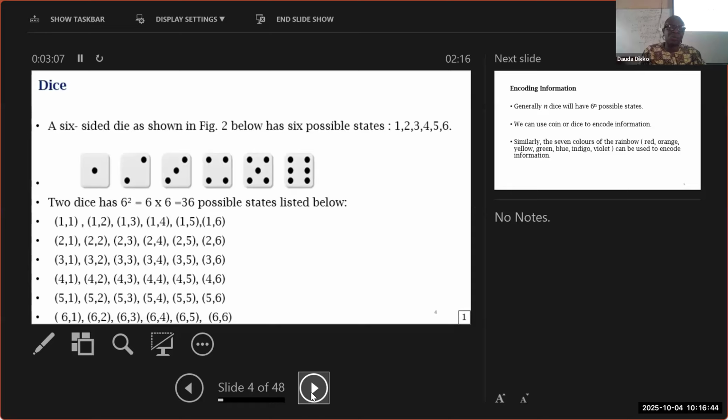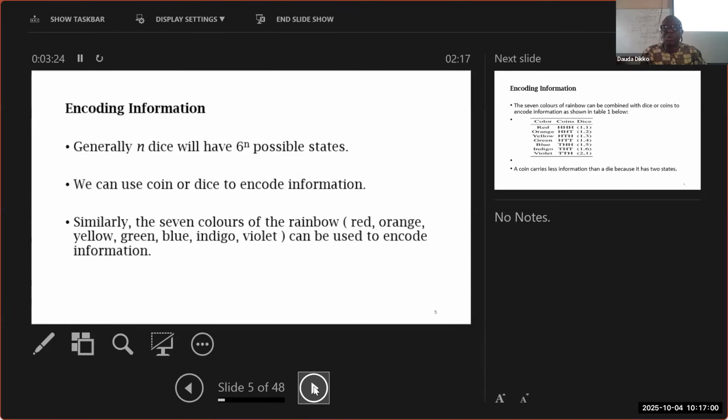If we now have 2 dice, meaning that our n is 2, then we have 36 possible states, which is listed below. Then we can extend it to n dice. So for n dice, we have 6 raised to power n possible states.